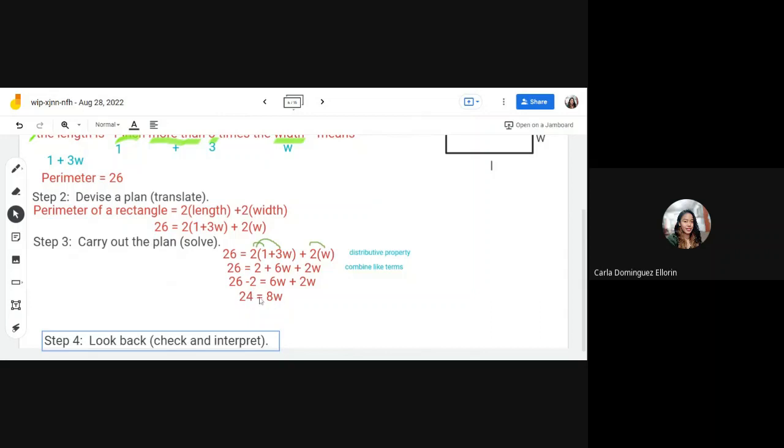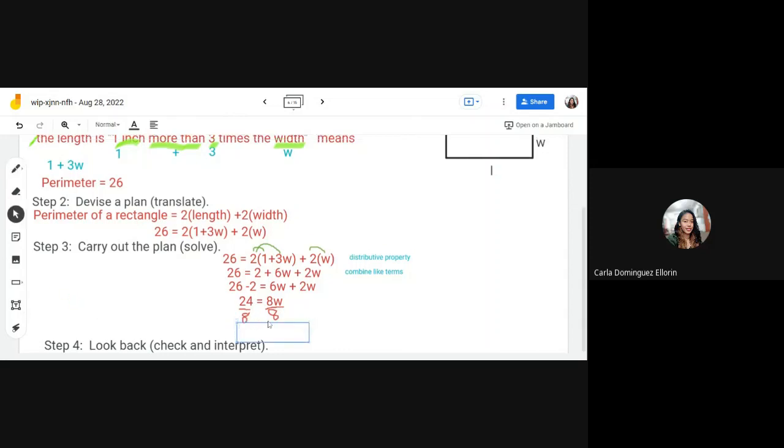So, after combining like terms, we are looking for the value of W. What we're going to do is eliminate the 8 that goes with W. We divide both sides by 8.